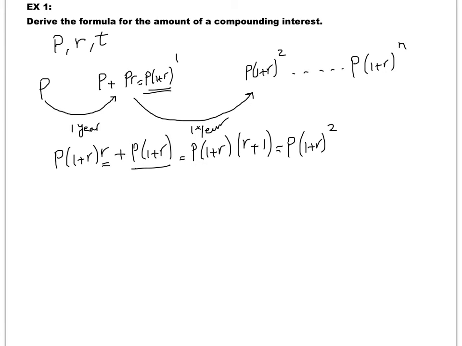But in general, n is the number of compounding periods. So the general formula for a compounding interest is A, the amount, is equal to P, the initial investment, times 1 plus R exponent N. So A is the future value, P is the initial value or initial investment, R is the compounding interest, and N is the number of compounding periods.